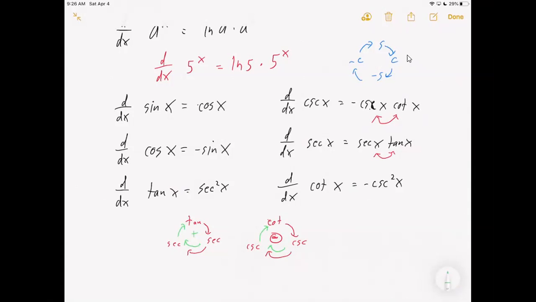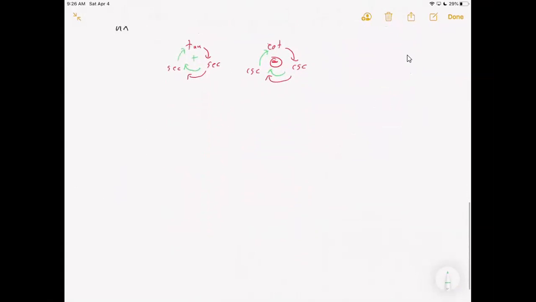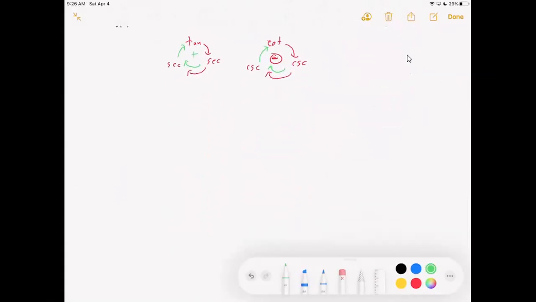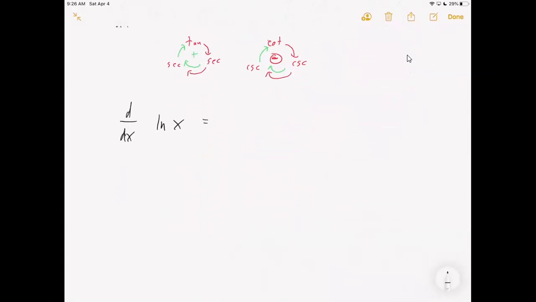Okay. Now the rest on our memory list are inverse functions. Okay. Write in what you think it is. The answer is actually that.